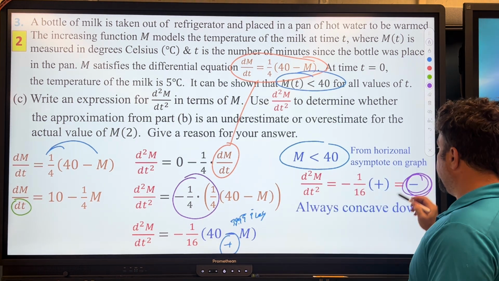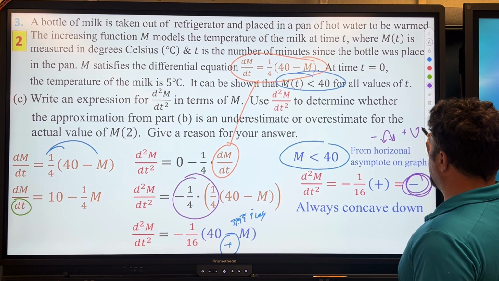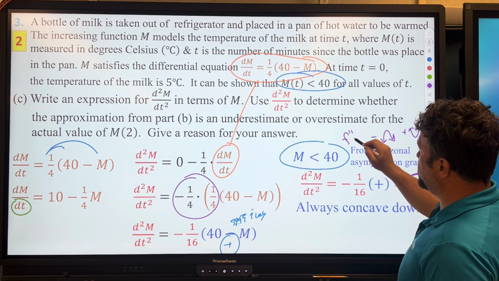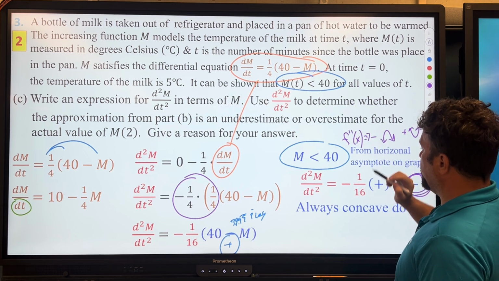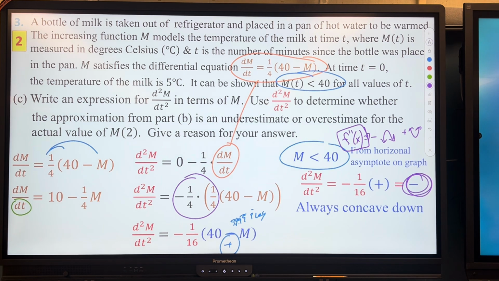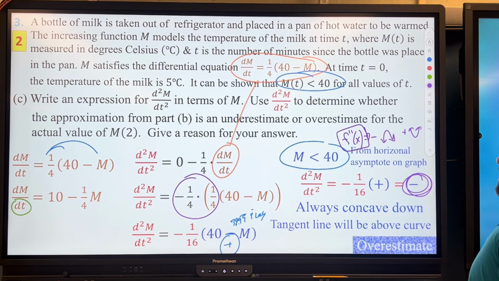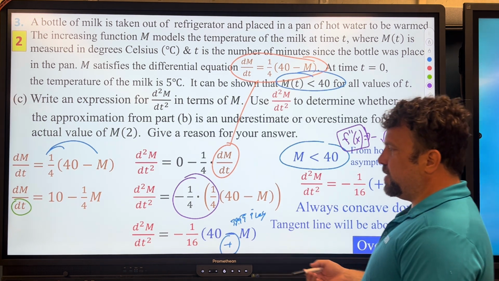Negative derivatives mean concave down. Negative is concave down, positive is concave up. And this is when you have your second derivative. So second derivative negative, concave down; positive, concave up. So since it's concave down, the tangent line is going to be above the curve. Since the tangent line is above the curve, it's an overestimate.